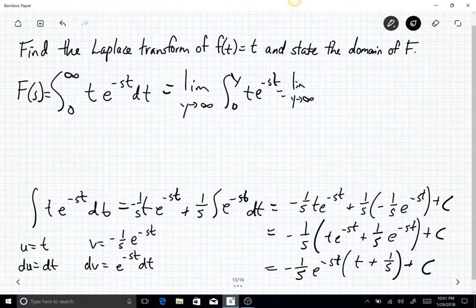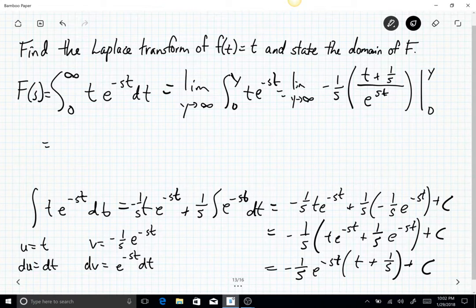Making it just a little bit simpler too, we're going to write that as negative 1 over s, and then for the next piece, t plus 1 over s, all over e to the st, rather than e to the negative st, I'll put it that way. And in that case, evaluated at 0 and y.